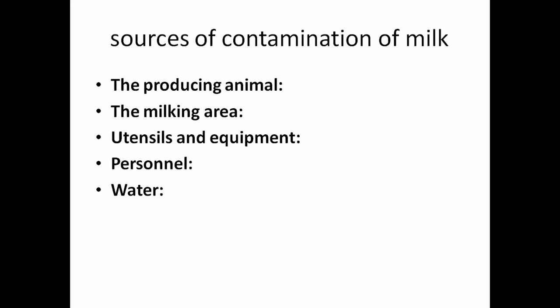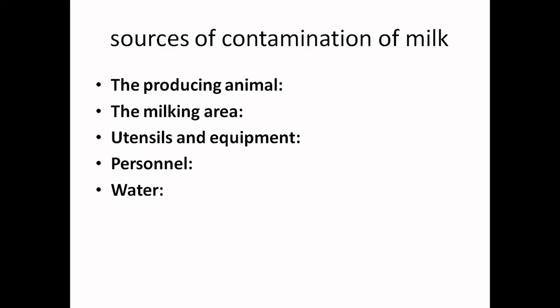Regular washing, disinfection, and drying of these sources is very essential to control microorganisms in milk. In addition to these, polyethylene bags, glass bottles, and packaging material for milk products are also important sources of contamination of milk and milk products.